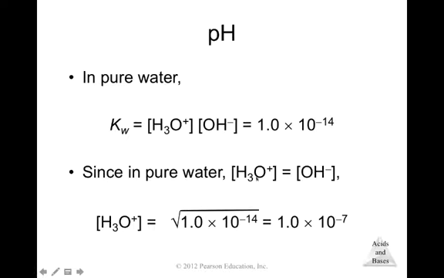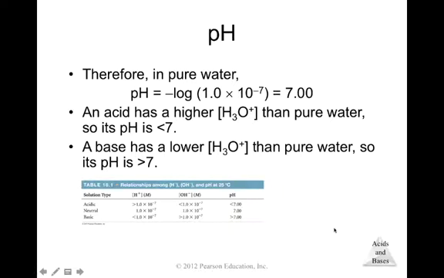Therefore, the concentration of H3O plus is just the square root of 1 times 10 to the negative 14, which is 1 times 10 to the negative 7. So in pure water, the pH is the negative log of 1 times 10 to the negative 7, which is 7. In case you're ever wondering why 7 is neutral on the pH scale, that's why. The pH of pure water is 7.00.